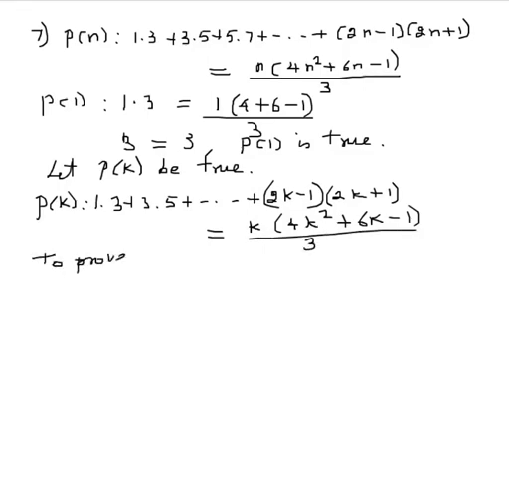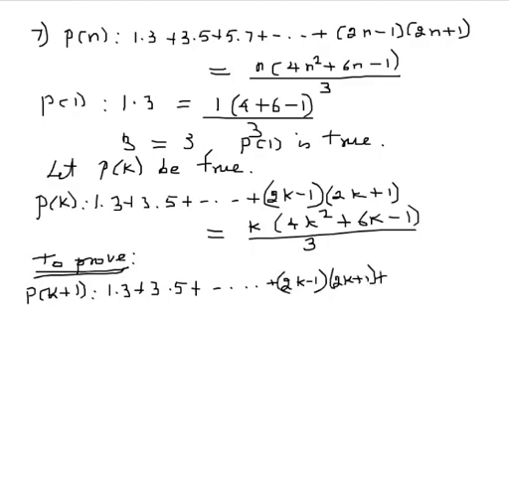Now let us write the result to be proved, which is the P of k plus 1 statement. 1 into 3 plus 3 into 5 plus 5 into 7, etc. The kth term is 2k minus 1 into 2k plus 1, and we have to write the k plus 1th term. The nth term is this.